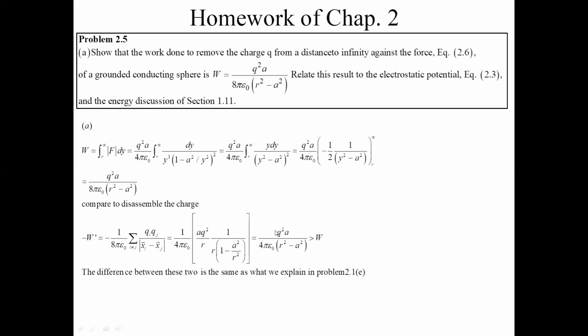You will find that the potential energy is bigger than the work you need to remove the charge. The reason is the same as in the problem we explained in 2.1: the image charge actually does not exist, so you have overcalculated the potential energy in this term.